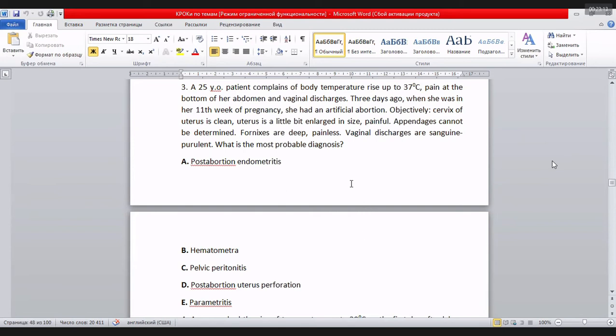But here there are no signs of parametritis. Usually it is a stone-like infiltrate, flattening of the fornixes, any marks in the fornixes of the vagina present, and infiltrate which spreads to the walls of the pelvis. It is parametritis.